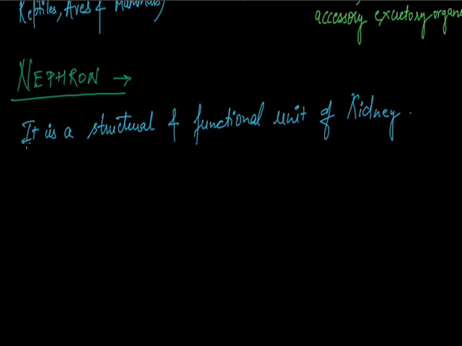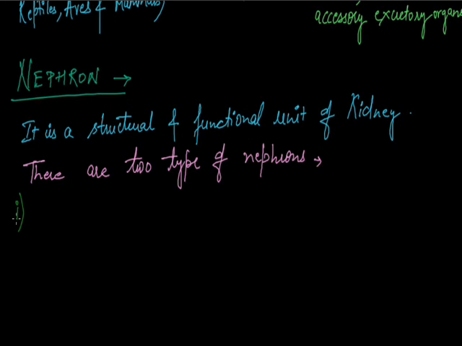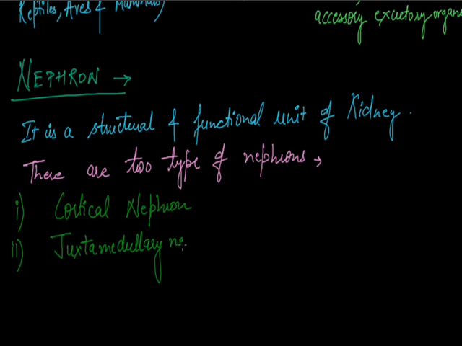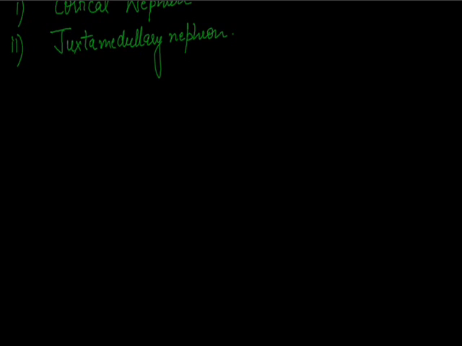There are two types of nephron. First is cortical nephron and the second is juxtamedullary nephron. Starting with the first, cortical nephron.